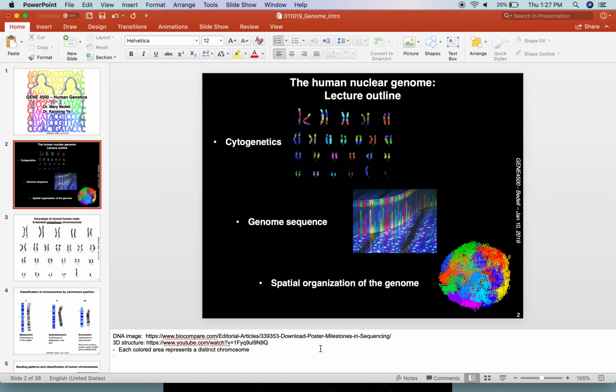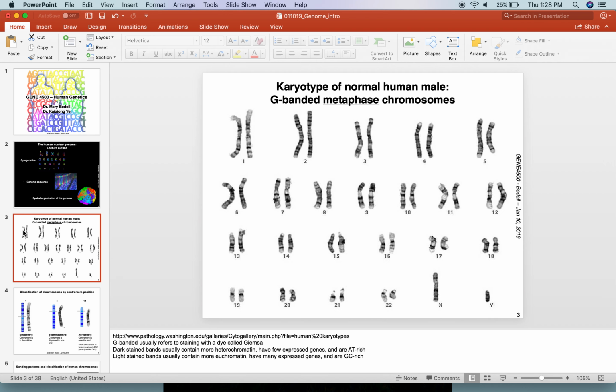So this is the G banding, where you just stain. Now remember, these are metaphase chromosomes at the point that they're most tightly compacted. So you have to have cells that are in culture. These cells would normally be dividing, but they treat the culture of cells with a chemical that arrests them in metaphase of mitosis.